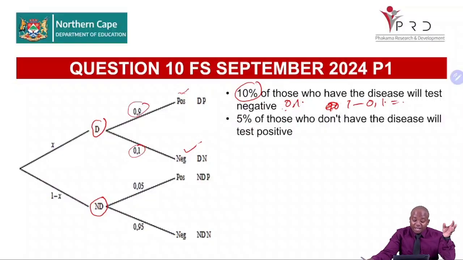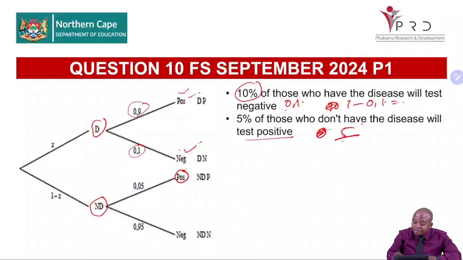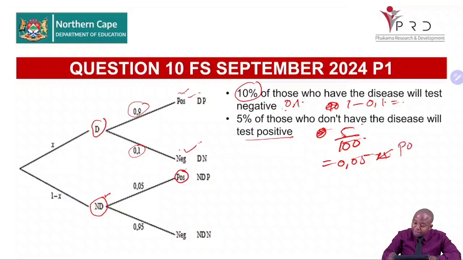So those who have the disease can test positive and they can test negative. Now those who don't have the disease, they tell us that 5% of those who don't have the disease will test positive. So the 5%, remember, is 5 divided by 100, which is equal to 0,05. And 0,05 of those who don't have the disease will test positive.